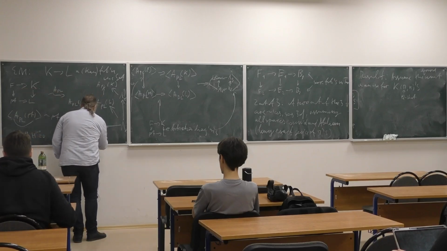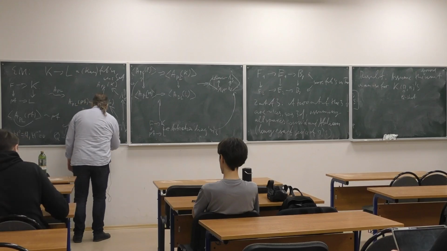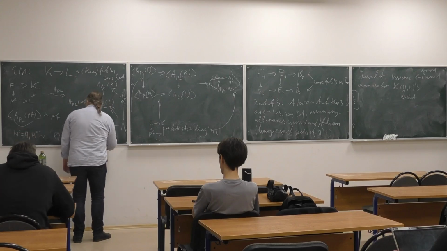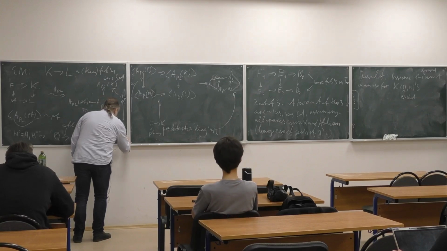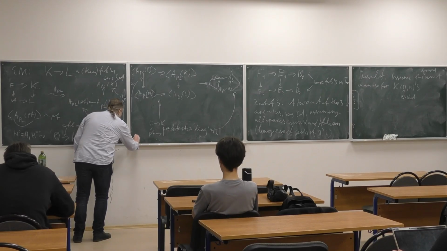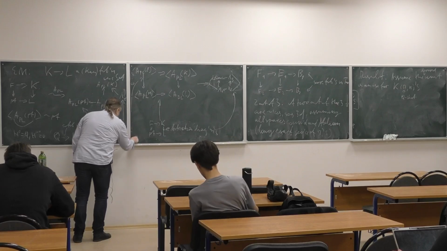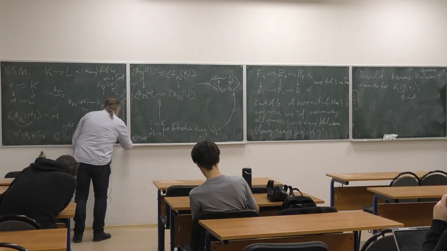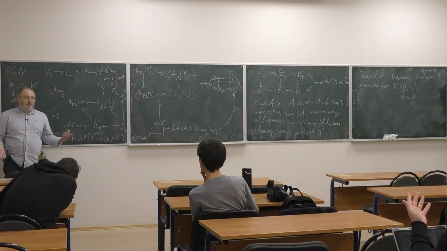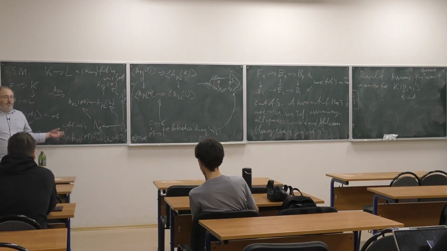So if I apply the geometric realization, I get the geometric realization of APL of the point, to the geometric realization of Q. And the geometric realization of Q is a point, which is not very hard to check starting from the definition. Very well.